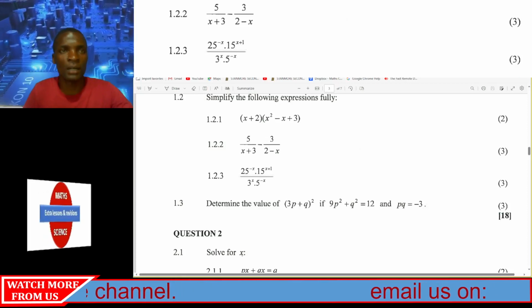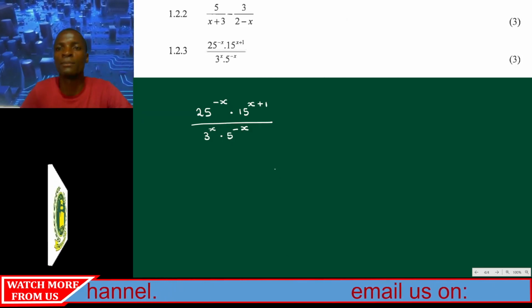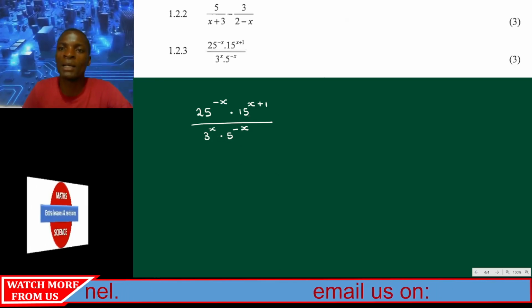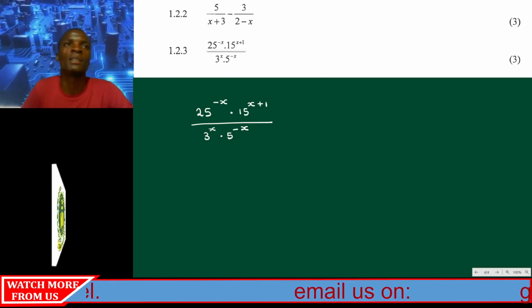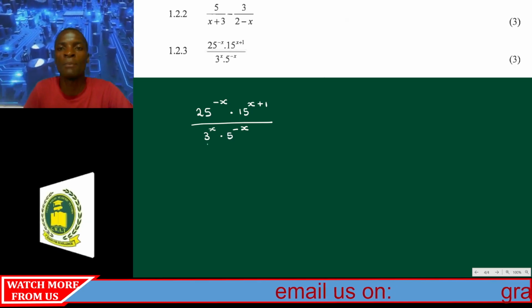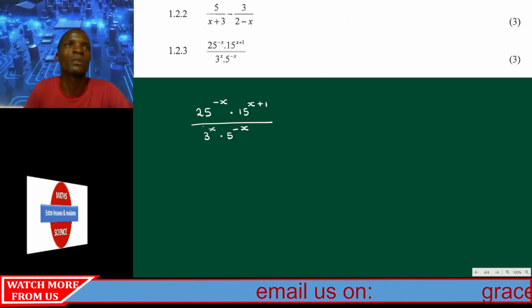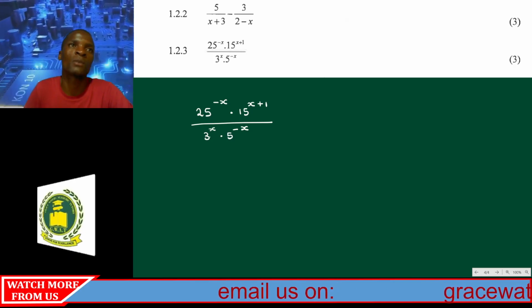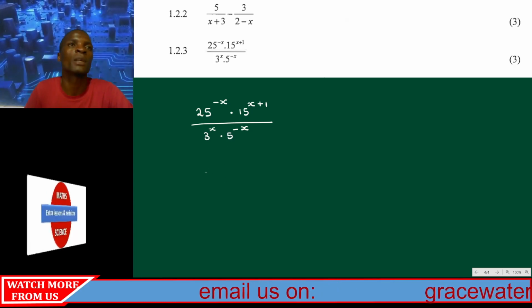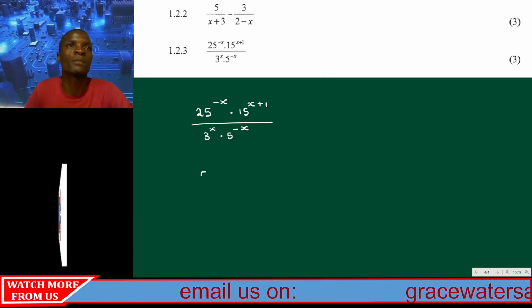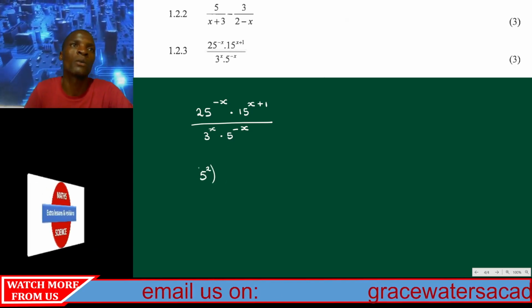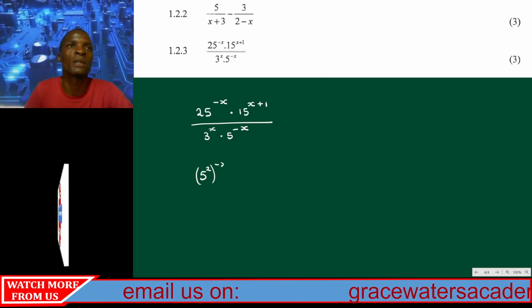This means what we are going to do is to express both the numerator and the denominator in terms of the same base of exponents. So 25 now needs to be expressed either in terms of 3 or in terms of 5. It's possible we can do that. 25 is 5 to the power 2, so we write it as 5 to the power 2 raised to the power of negative x.